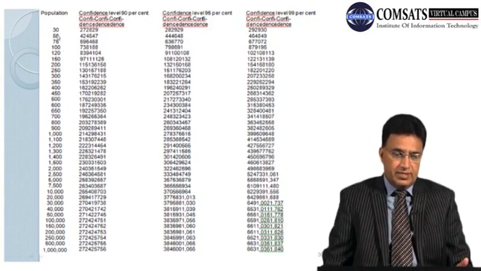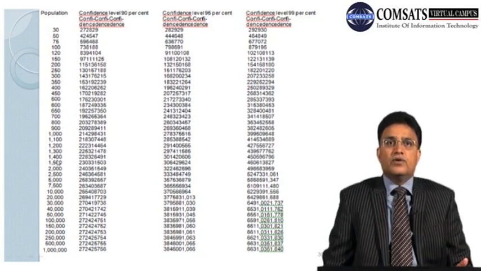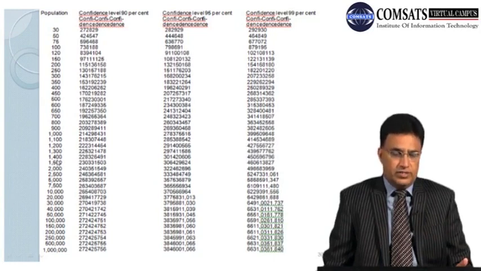And look at what we are looking for, 1,400. It comes over here. So if your population is 1,400, this would be the result with 90%. This is the level of the confidence at 90%, 95%, and 99%.